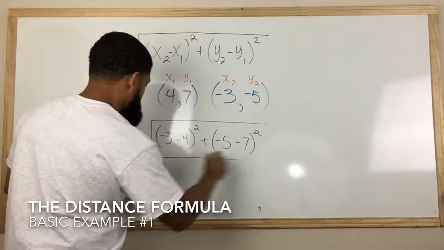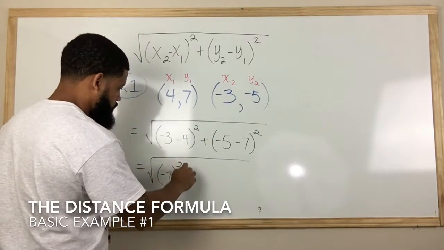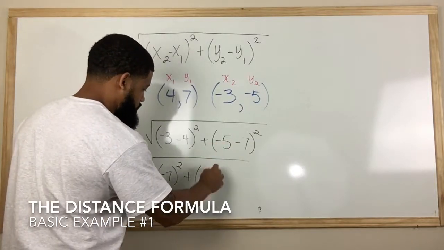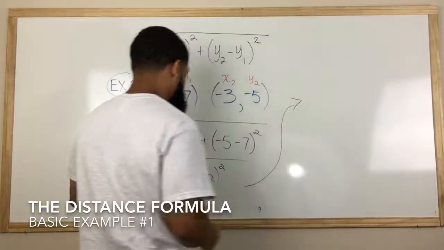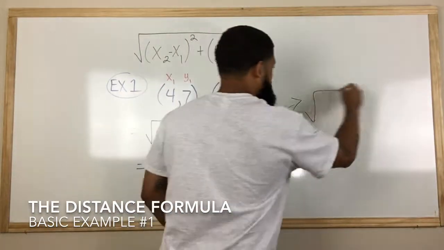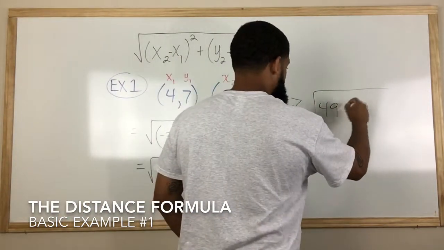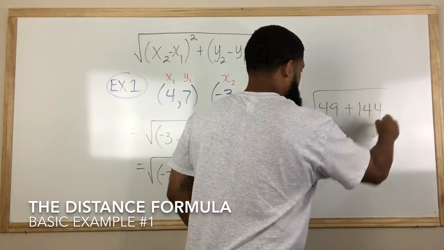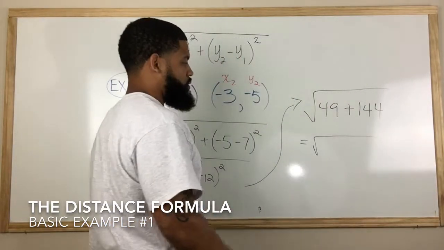So -3 minus 4 is -7 squared, and then -5 minus 7 is -12 squared. From there, we can say the square root of -7 squared is 49 plus 144.